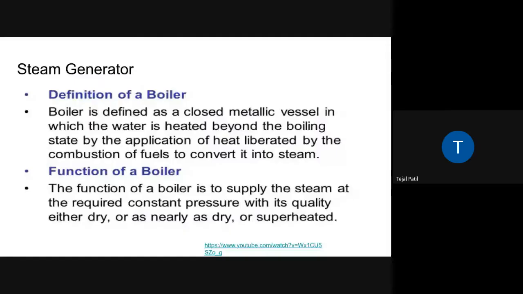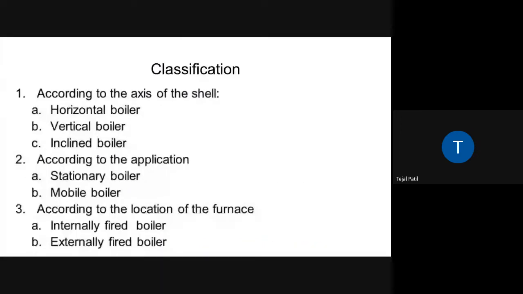Okay, what is meant by dry? We have already discussed in the previous lecture, right? Dry, or it should be superheated. That means there should not be any moisture content in it, right? Then further we have discussed the classification of the boiler, right?